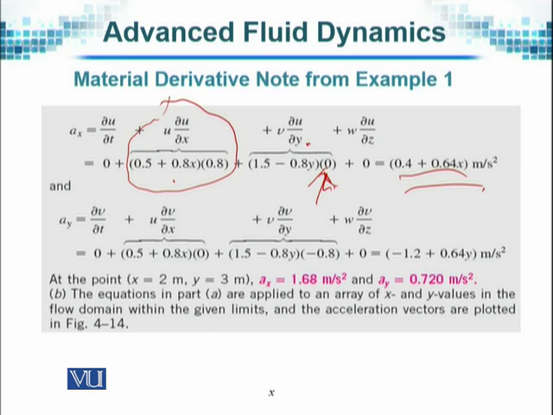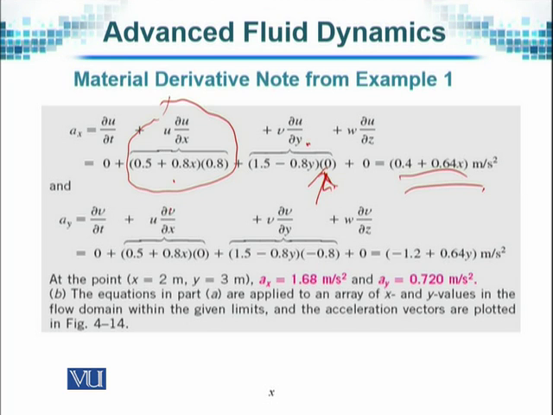Similarly, when we calculate the acceleration component in the y direction, we will be differentiating with respect to small v, which is the velocity component in the y direction. The partial dv by dt is 0 because no t occurs in the v component.